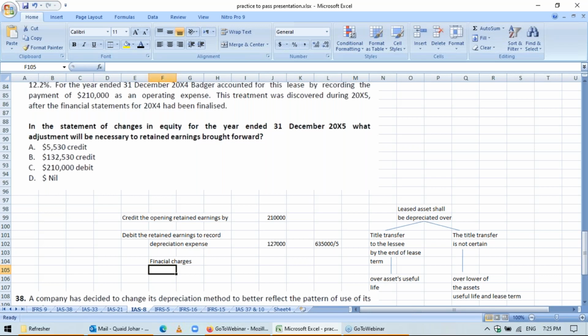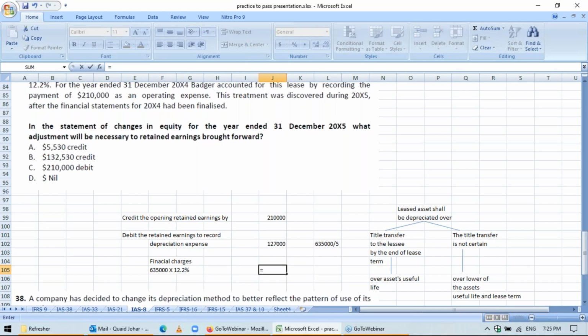So on the asset, you have recognized the depreciation. On the liability of 635,000, you will be recording a financial charge. You have not paid anything. The balance was 635,000 during the previous year, 2004. So if the balance is 635,000, you will be paying an interest of 12.2% on it.